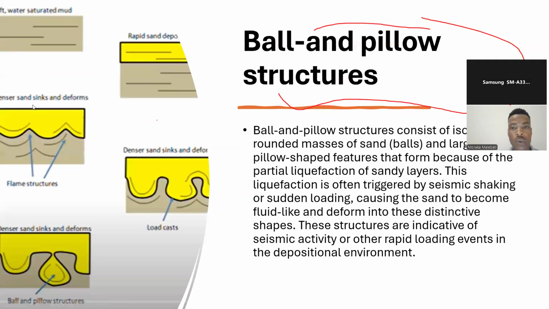Then we also have ball and pillow structures. Usually for ball and pillow structures, you have the deposition of mud materials. Then the mud materials, because they're saturated with water, later on sand gets to be deposited on top, like here.